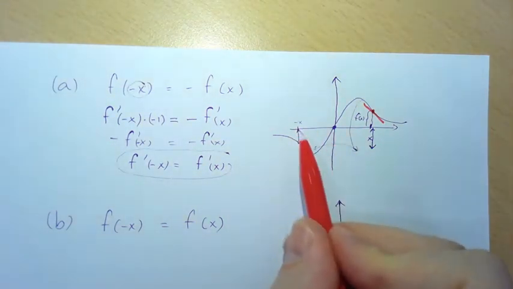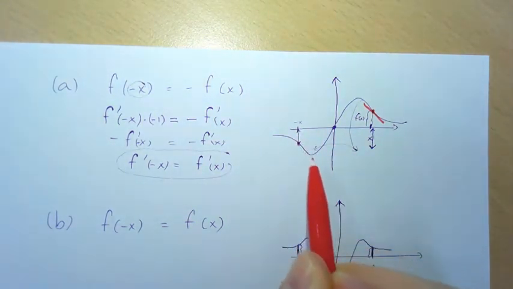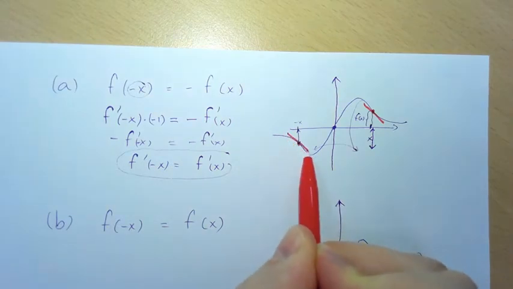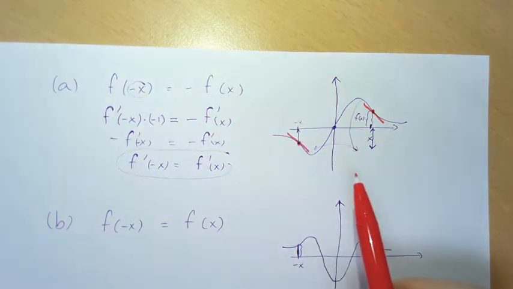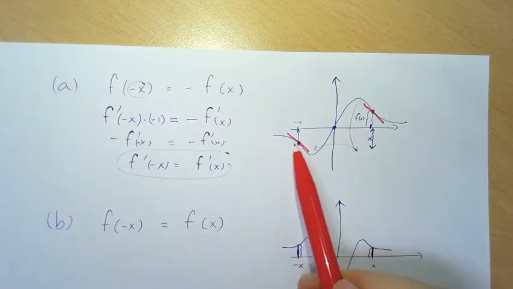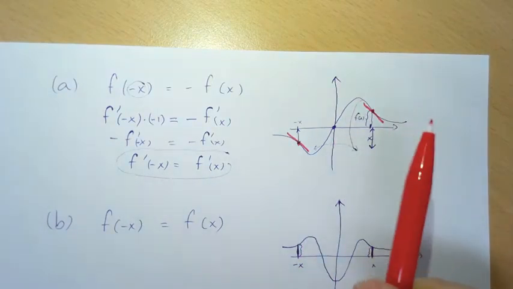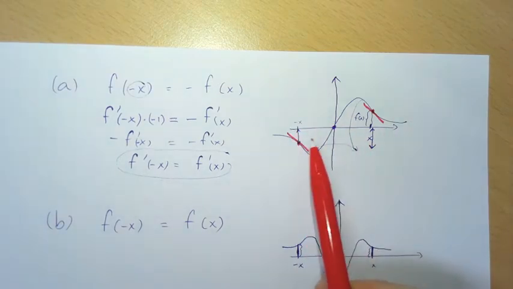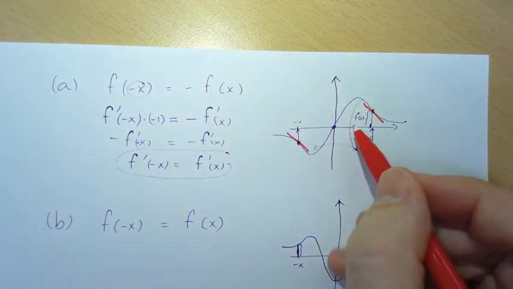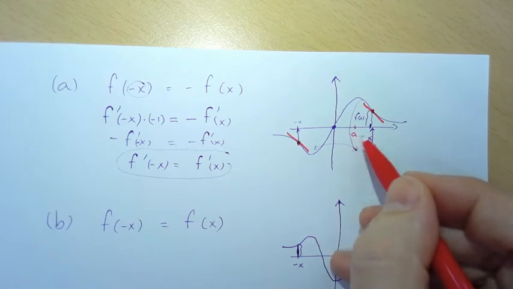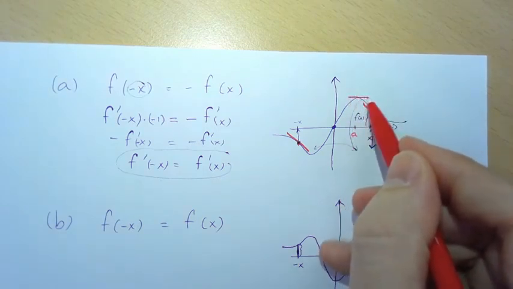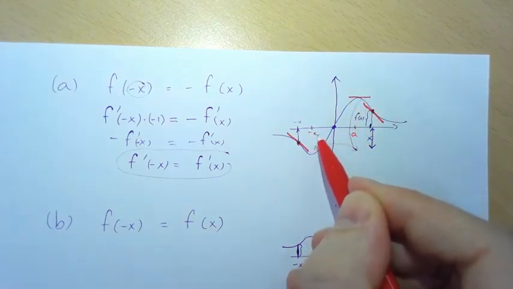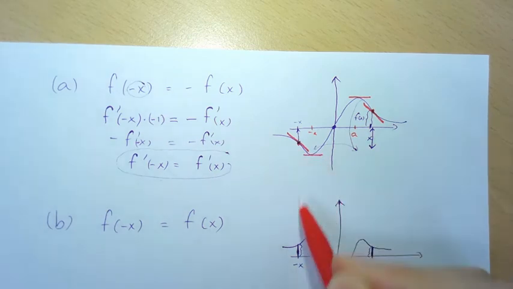And if you now go to the point right there at negative x, it's the same slope. So the result of an odd function f is that the slope is symmetrical. F prime is even. At this value here, let's call it a, f prime of a is 0, f prime of negative a is also 0.